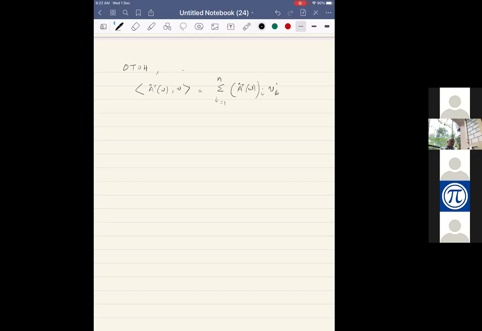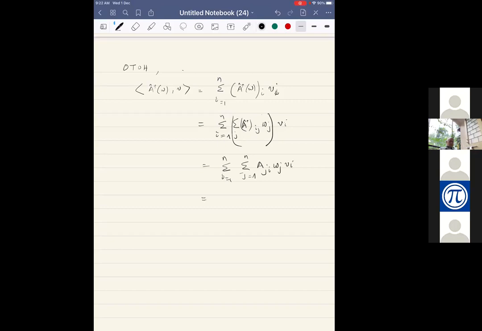By the same, again, we are working with the standard inner product on Rn. This is the sum over i equal to 1 to n, A hat dagger_ij w_j v_i, sum over j. But the way we defined A hat dagger, its ijth entry is A_ji.